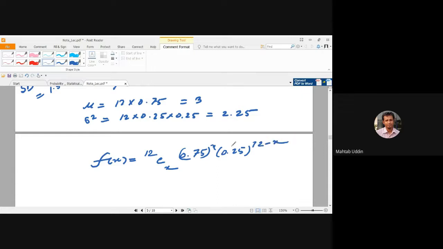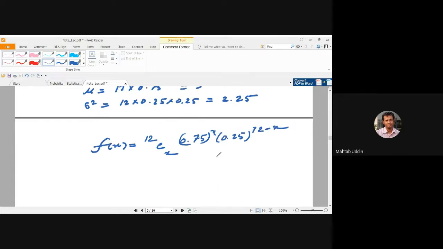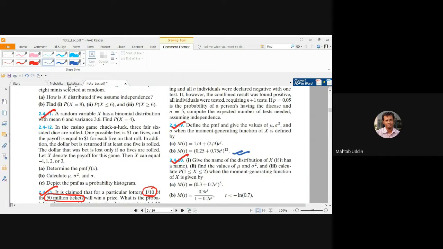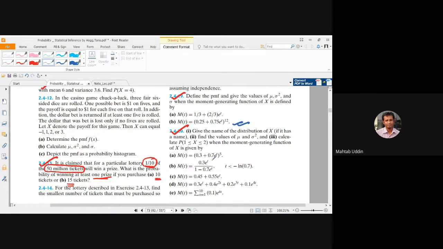Okay, that is the PMF. Here they said we have to just name the distribution according to the moment generating function. We have to find mean and variance, and we have to calculate the probability. That is the extra work here. So as they say, nothing else to do, we have to do this. So let's go.